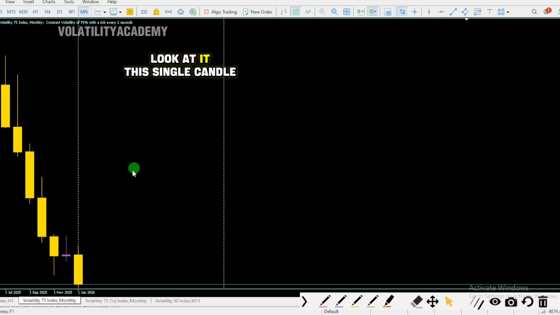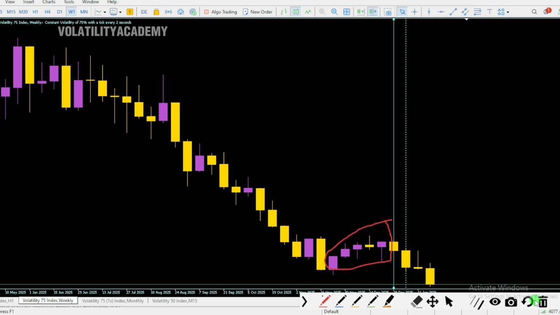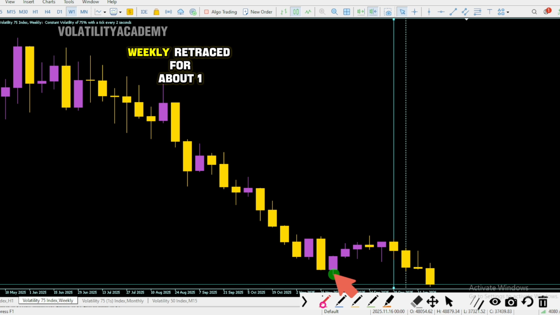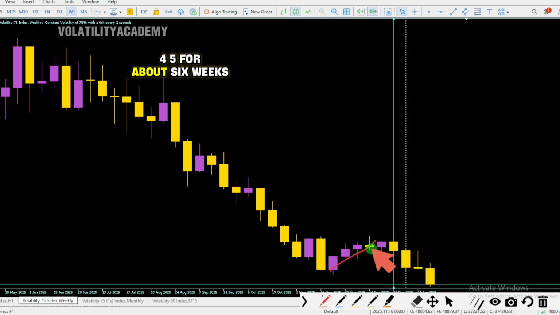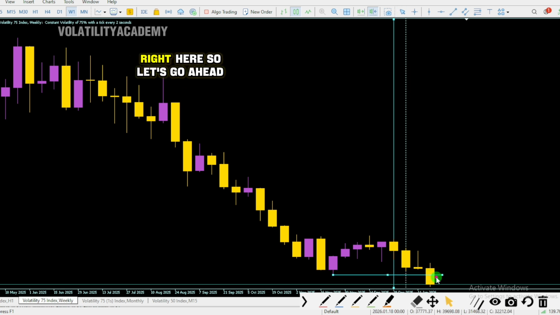So right now you can see that the weekly retraced for about 6 weeks, and now we are back to the downside. And from what I can see, market has actually broken structure to the downside right here.